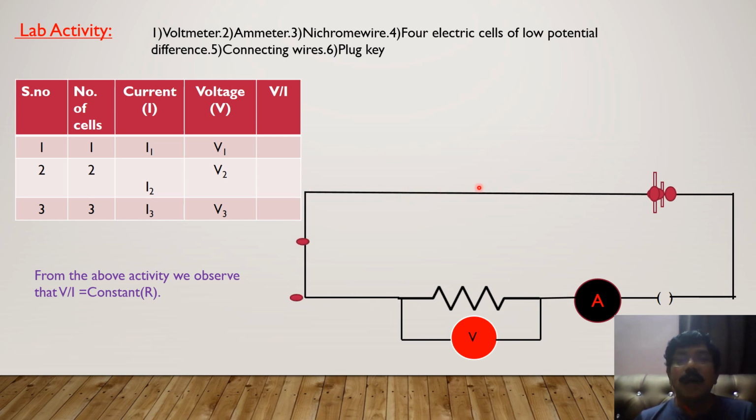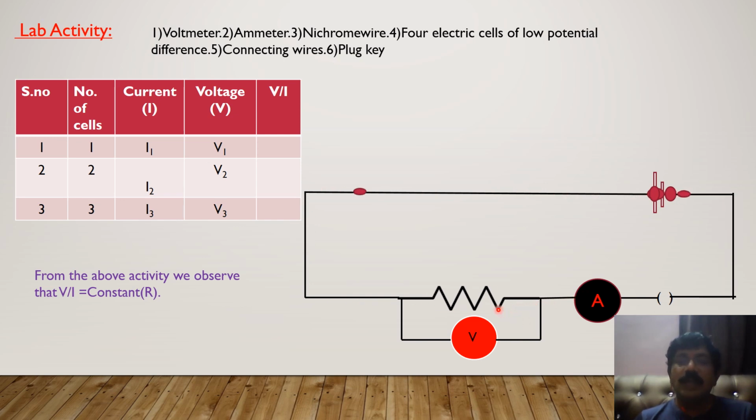Here I have taken the connecting wires and connected the circuit as shown here. The positive terminal of the battery is connected to the positive terminal of the ammeter in series. At the same time, the negative terminal of the battery is connected to the negative terminal of the ammeter. Next, observe this one.